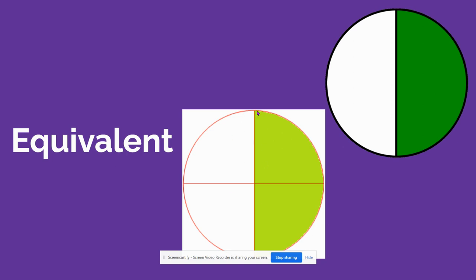So I could also say that 1/2 of my circle is green, or 2/4 is green. It would be the same amount of space, which means they have the same value.